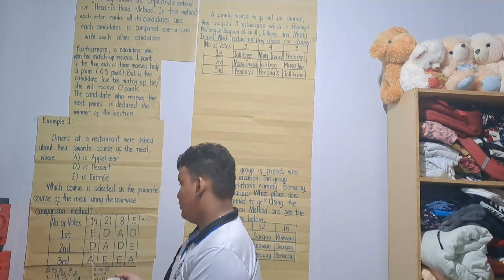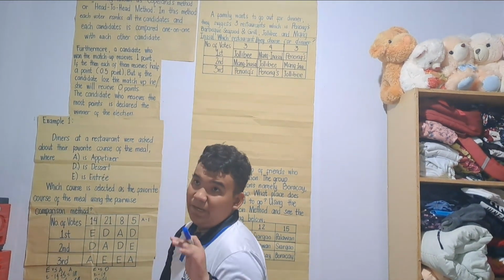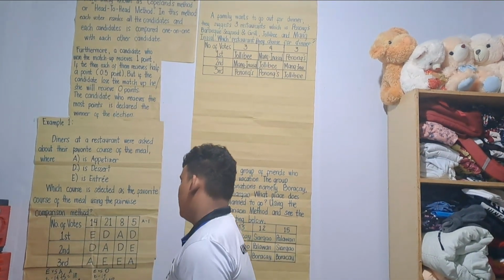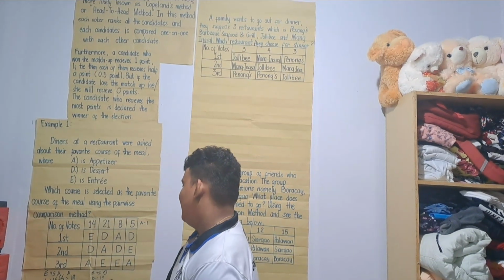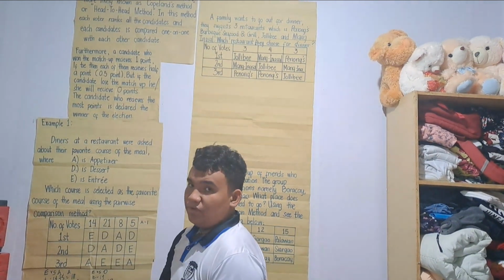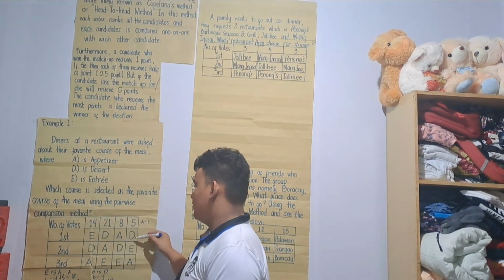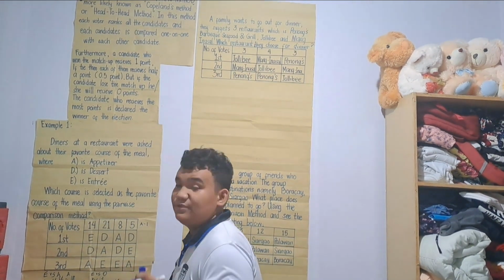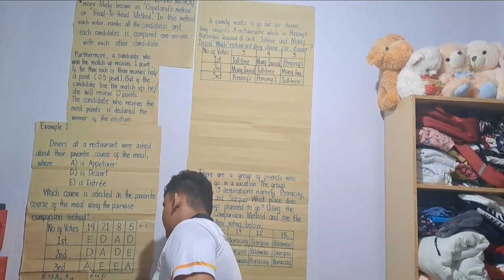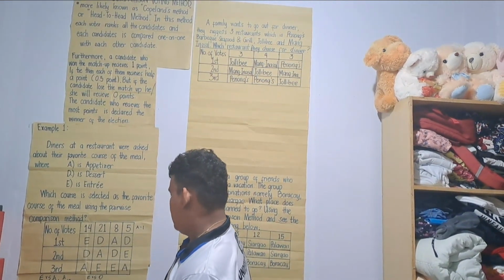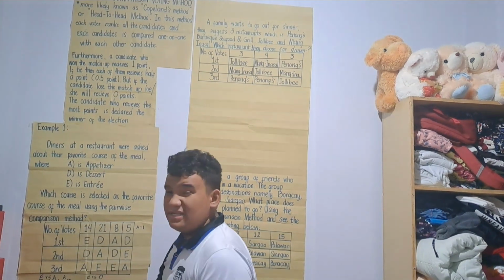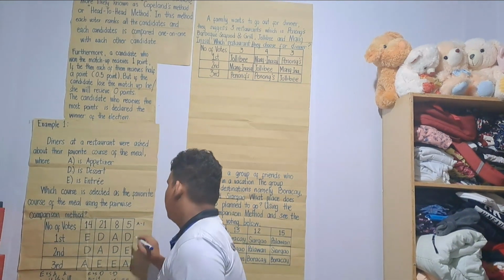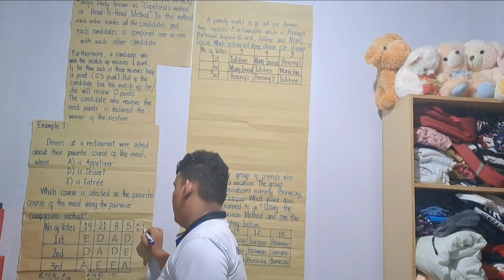In the third column, 8 voters prefer dessert over entree. And in the last column, 5 voters choose dessert, then entree. So 21 plus 8 is 29, plus 5 is 34. The winner in this matchup is dessert. So dessert has 1 point.